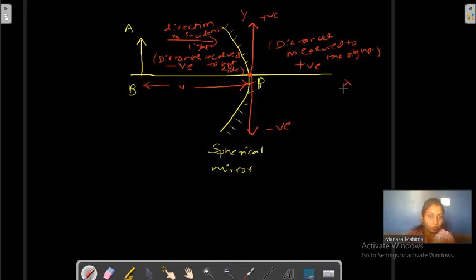If you know these points, it will be easy for you to solve the problems. This is about spherical mirrors in general. But in case we want to solve for either a concave or convex mirror, what will be the case, that I will discuss.